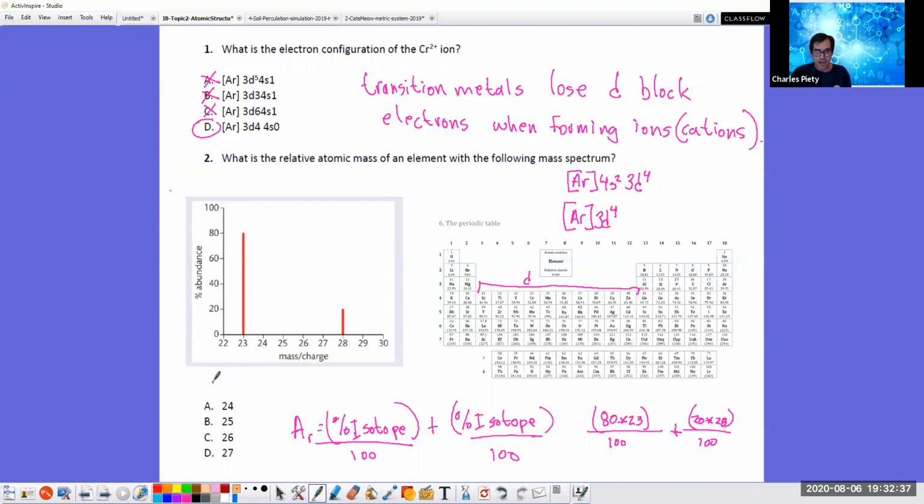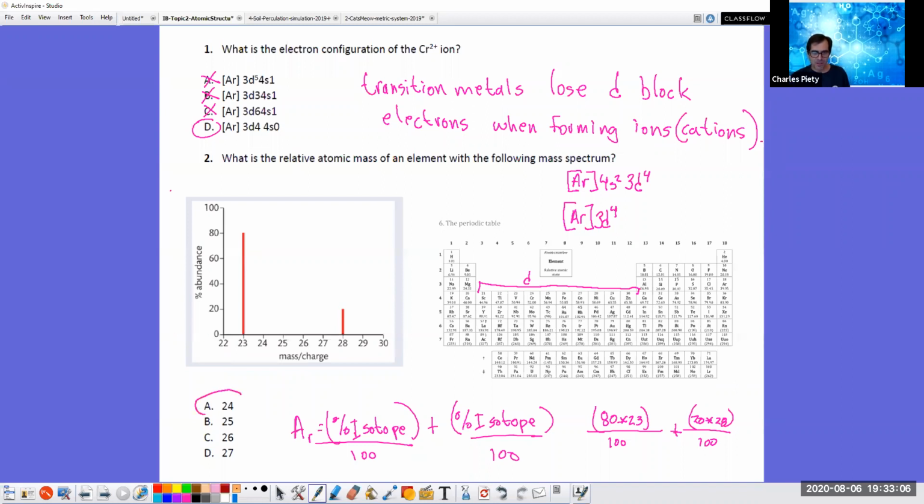So we have, I need to clean this off, 0.8 times 23, all right, plus the quantity 28 times, where's my times? 0.2, close paren. Yeah. Oh, it is 24.